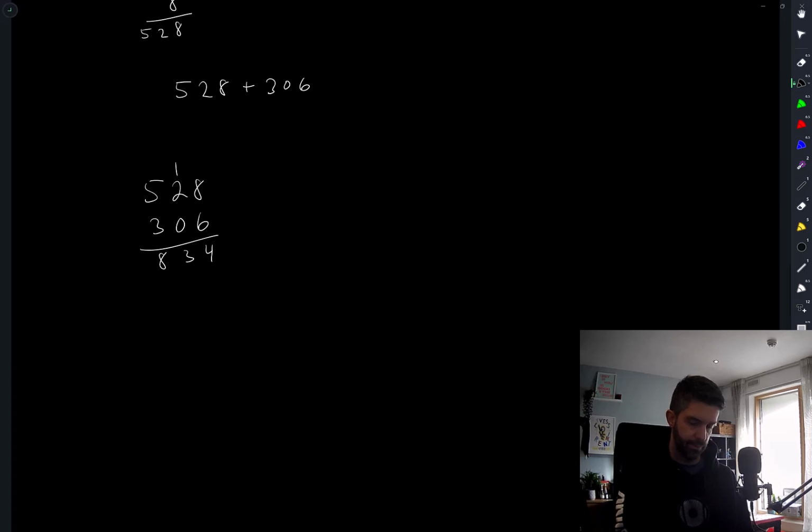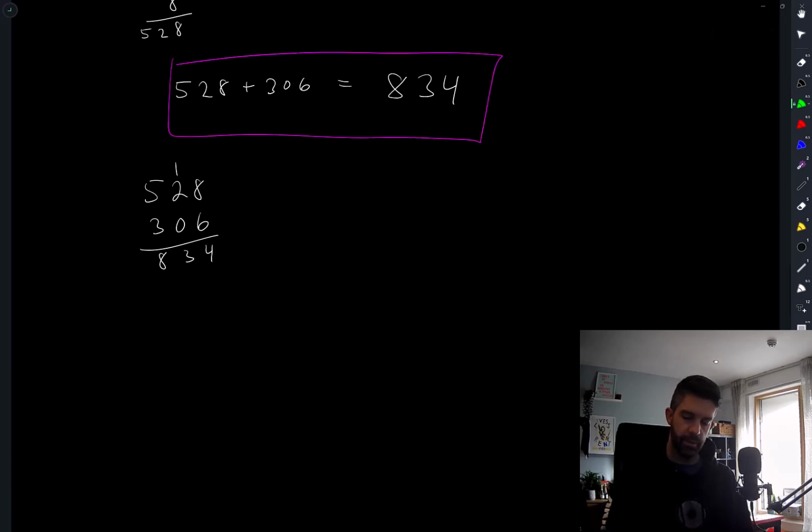I get 834. There are 834 ordered pairs that make this equation work. Whew.